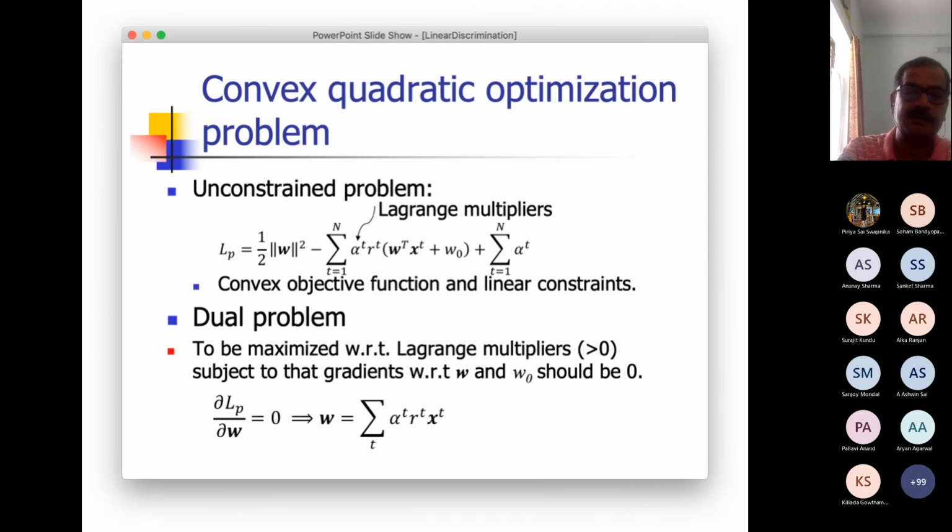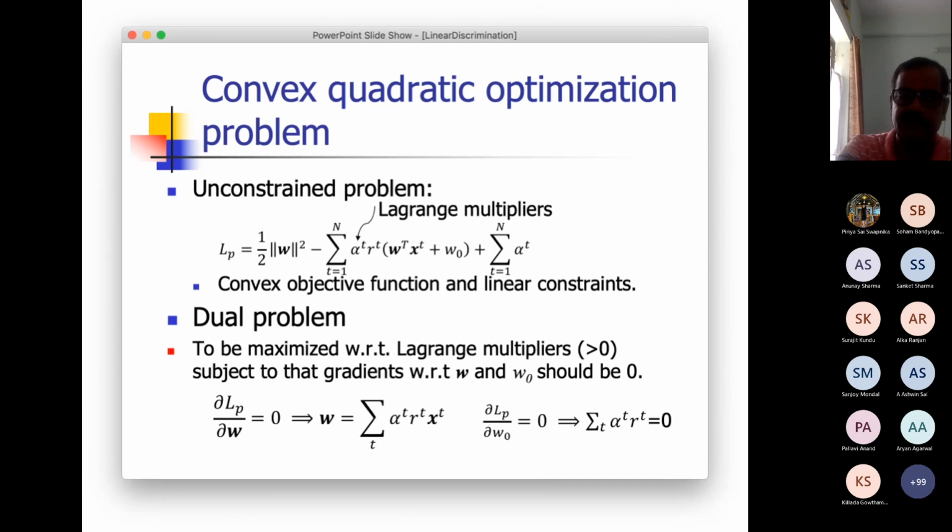If I perform the gradient, you can see that W is expressed in terms of the Lagrange multipliers and the inputs that have been specified. So a very interesting linear form is there with respect to the Lagrange multipliers, right? So that you get W. If I can compute the Lagrange multipliers, I would get W by solving this equation.